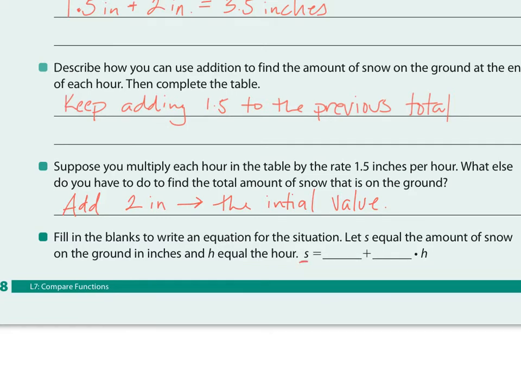So snowfall is equal to, well, what did we start with? 2. And how much snow do we get every hour? 1.5. So you could say S equals 2 plus 1.5H. You could flip-flop those around if you like and say 1.5H plus 2. They mean the same thing.